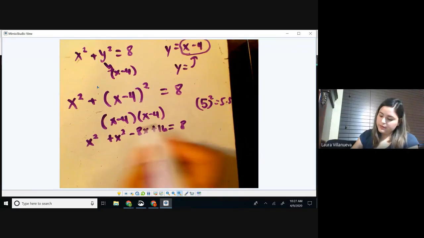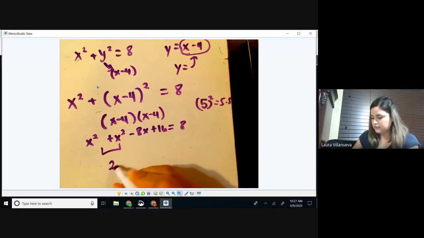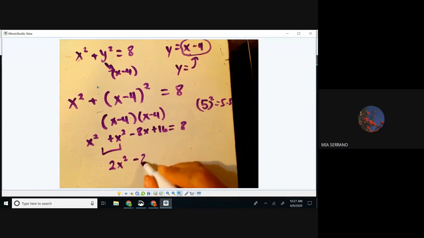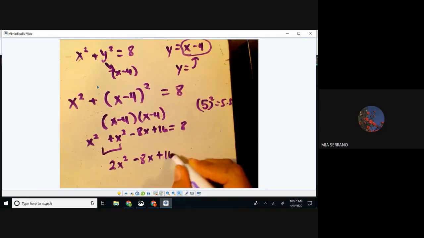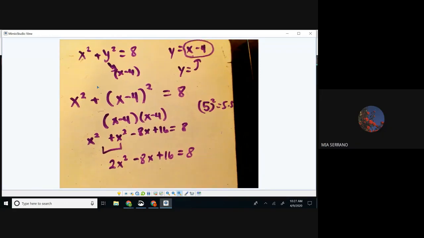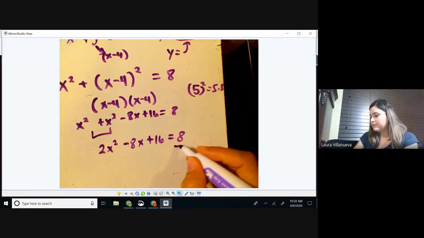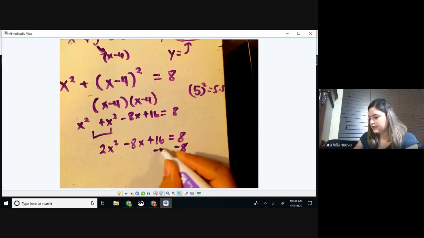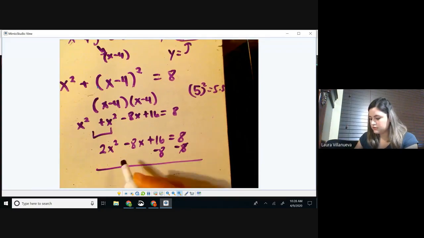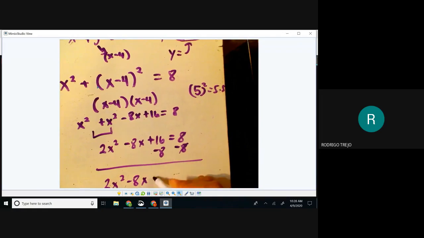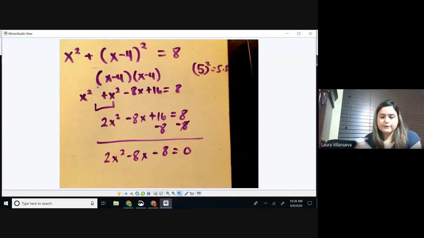And then I'm going to add these. 1 plus 1 is 2. And then I'm going to move the 8, like you said, to the end. This is what I have.